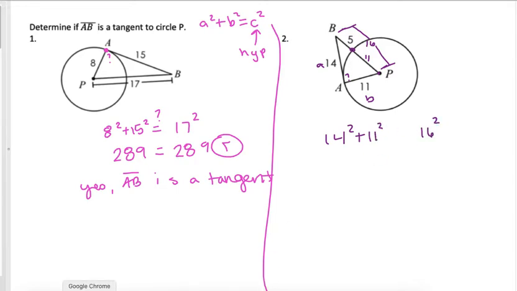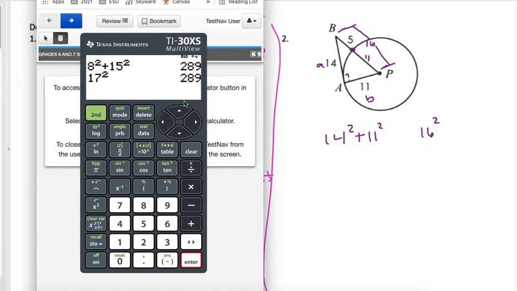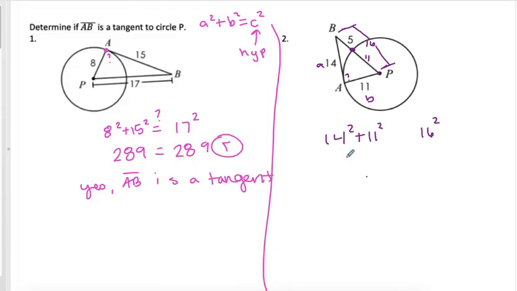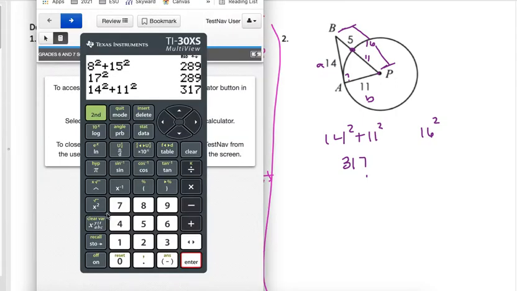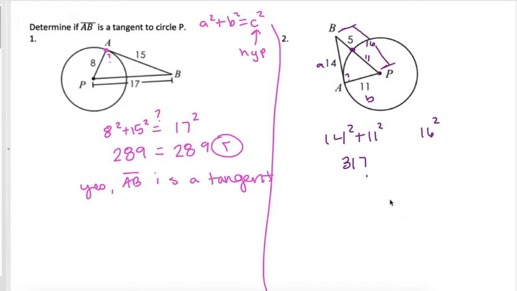I'm not solving for anything, I'm just checking. Is this a tangent? Here I get 317 and check 16 squared. I get 256. Those two are not equal, so this is a false statement, meaning no, AB is not a tangent.